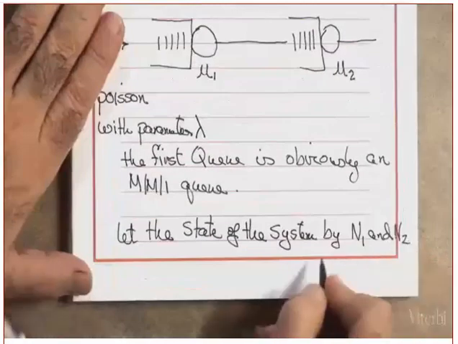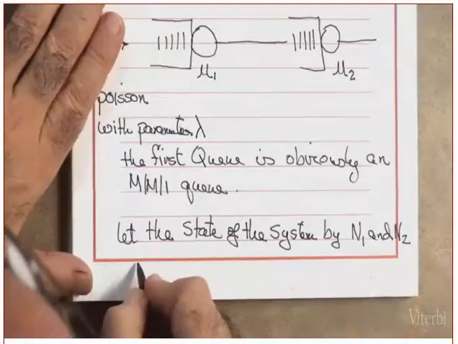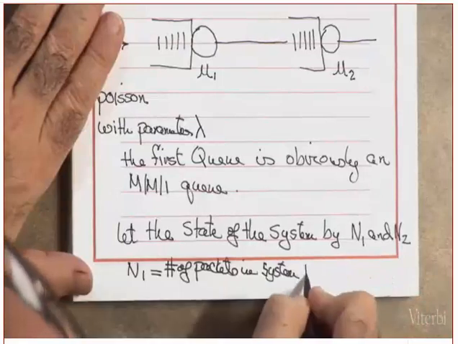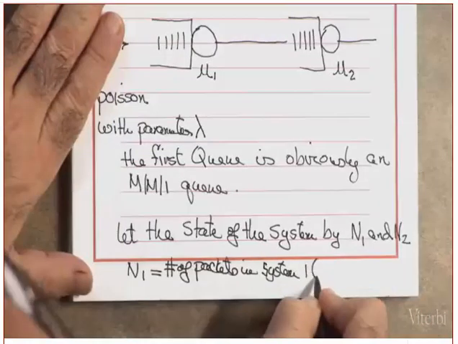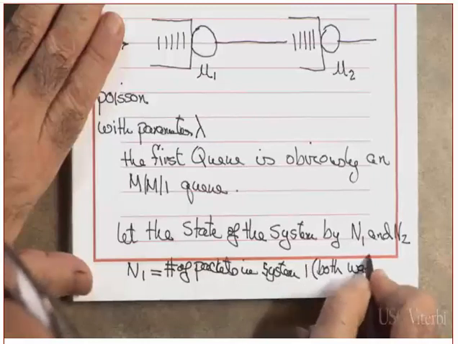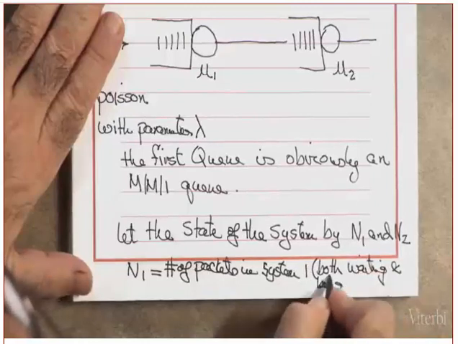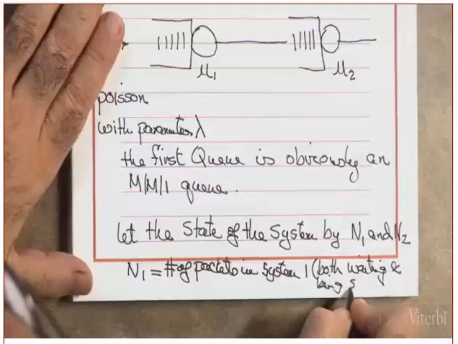N_i is the number in system i. So what is N1? N1 is the number of packets in this system, both waiting and being served. N2 is both waiting and being served in here. Clear? And I'm interested in finding the joint PMF, which is what?